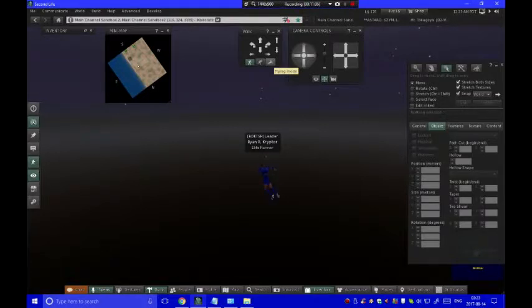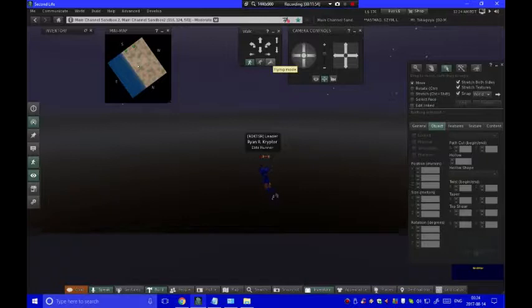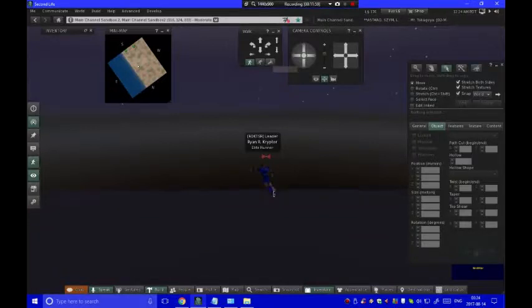3,000 meters. 2.5 kilometers. 2.2, 2.1, 2.0 kilometers. 1.6, 1.5 kilometers, 1.4, 1.3, 1.2, 1.1, 1 kilometer left. 0.9, 800 meters, 700, 600, 500, 400, and 300.